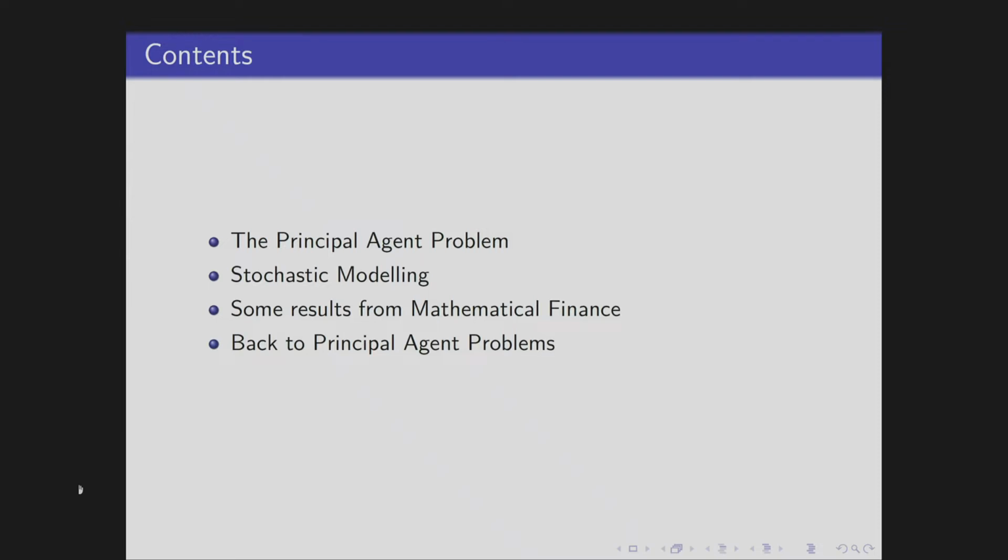And then we will apply those tools and introduce some basic results from mathematical finance, such that we can see how those tools are classically used, and also just as an example of what the definitions are about. And then at the end, we'll come back to the principal agent problem and see how the finance tools are also applied to the economical problem. And then we will consider a simple case that we will hopefully solve at the end if the time is not running out.